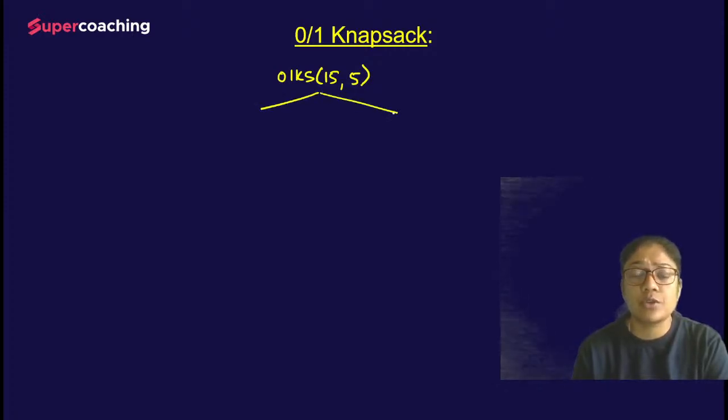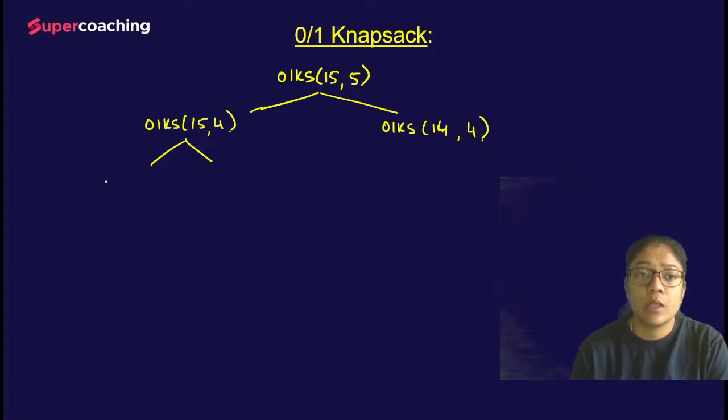It can be any function call, 01 knapsack 15,4. आपने ऑब्जेक्ट को रिजेक्ट कर दिया. We are taking the object 01 knapsack. हो सकता है fifth object का weight 1 हो. So it will be 14,4. We can elaborate this. 01 knapsack. Object is rejected 15,3. हो सकता है fourth object का weight 1 हो 14,3.